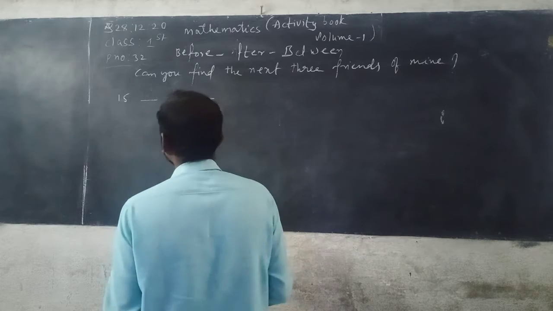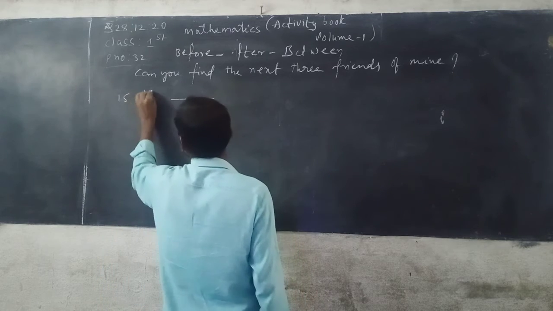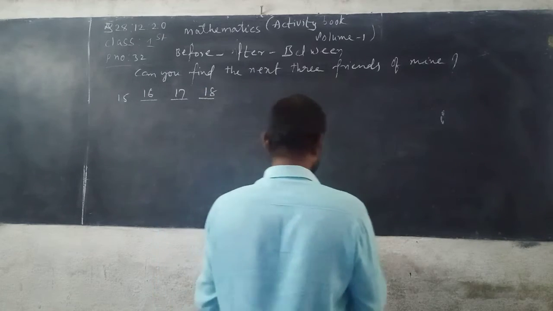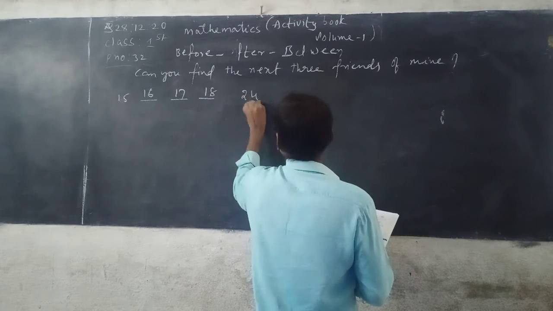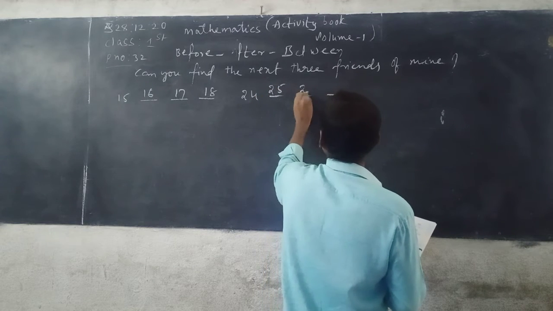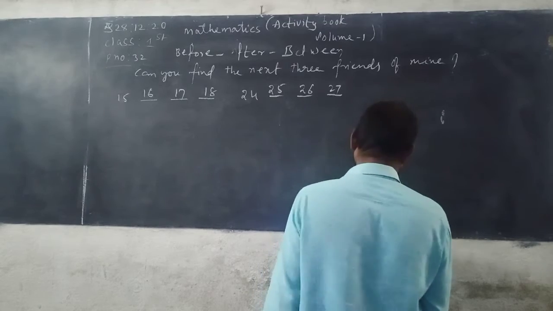See here, 15, after 16, 16 after 17, 17 after 18. 24 after 25, beta, 25 after 26, 26 after 27.